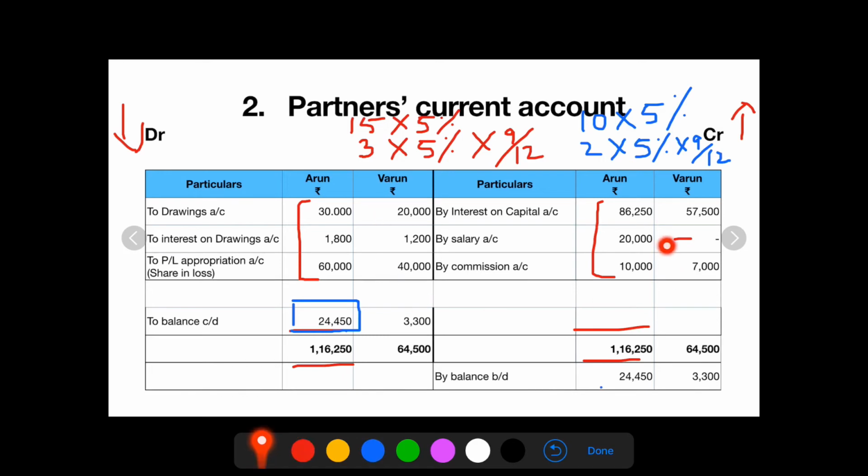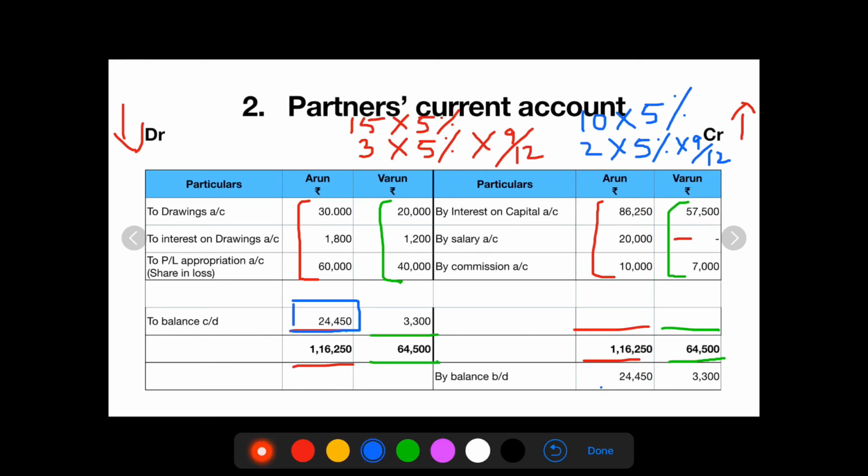Next, Varun's debit side amount and credit side amount. Again here the credit side amount is more than the debit side. So 57,500 plus 7,000, we will get a balance of 64,500. First write it on both the sides. 64,500 minus 20,000, 1,200 and 40,000.